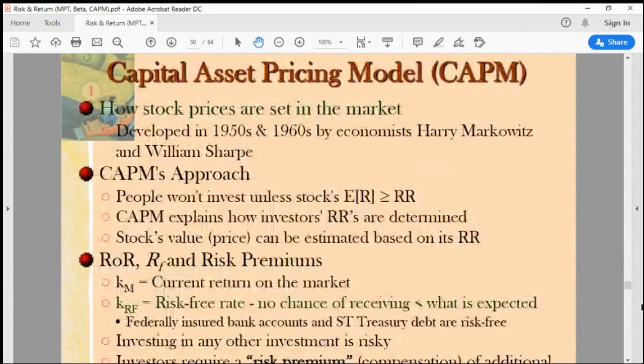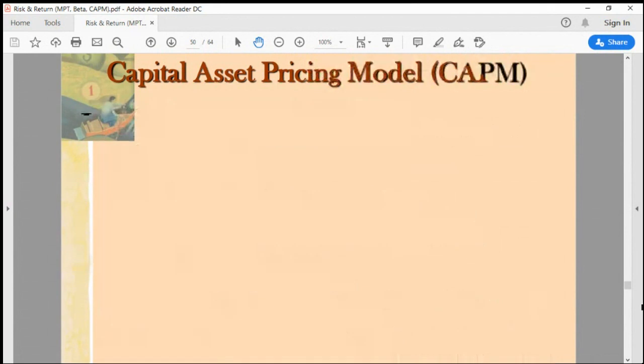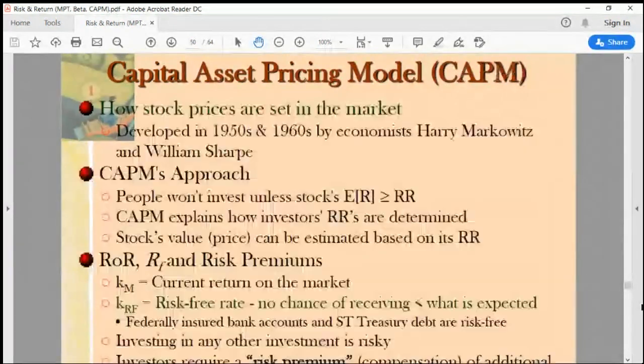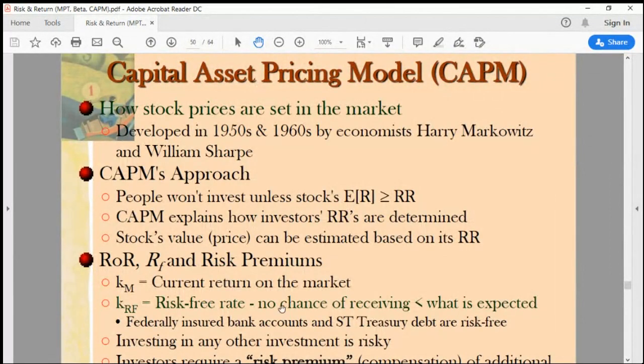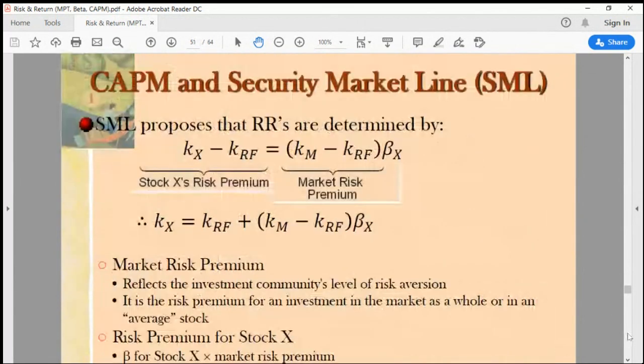Make sense? So CAPM is the model to calculate that risk-adjusted, in other words beta-adjusted, required return. Of course, another notation for required return is the cost of equity, K sub E. Remember, cost of equity.